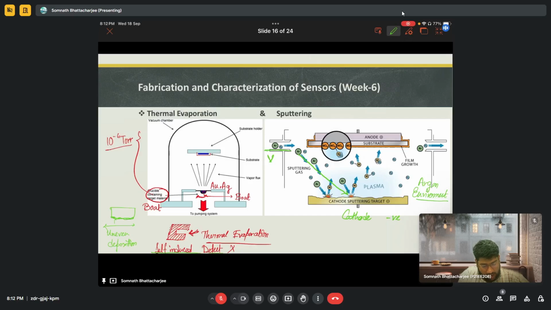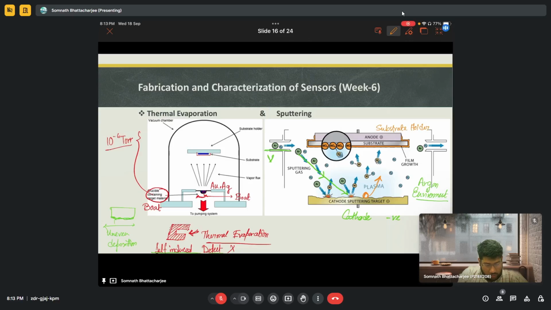So the argon atoms along with oxygen atoms directly hit this cathode, and several particles from this surface move towards the top surface, where, with our substrate holder, is our substrate.